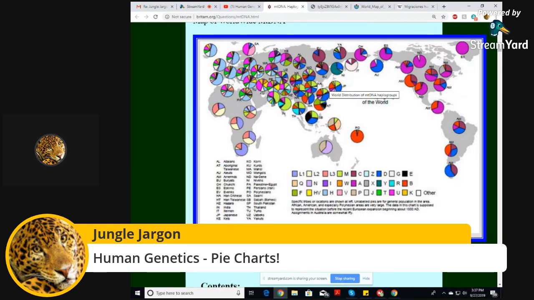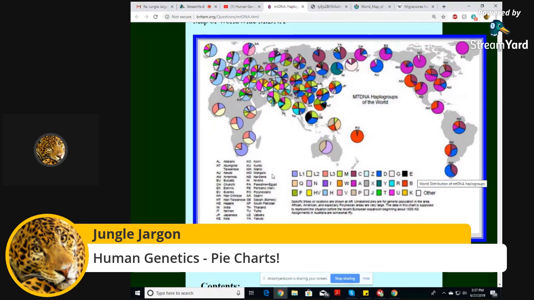In other words, these land areas, they traveled fairly easily, and only certain families went this way. Certain families went this way to Africa, this way to Europe, this way to Asia, Mongolia, Japan, and the Americas. Okay, this is the mitochondrial DNA.